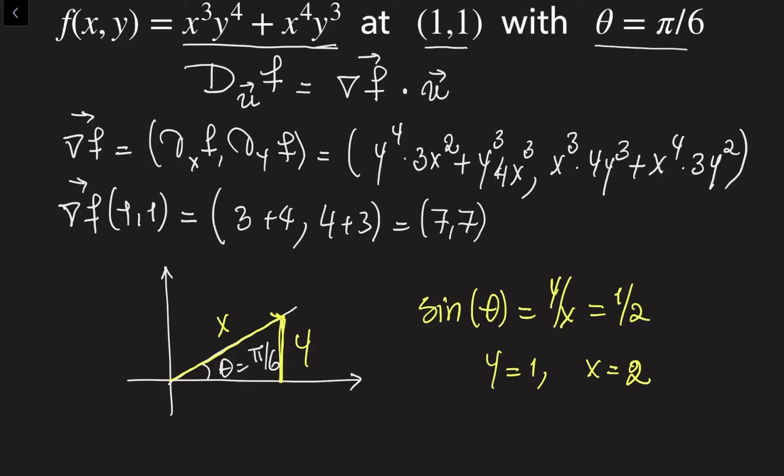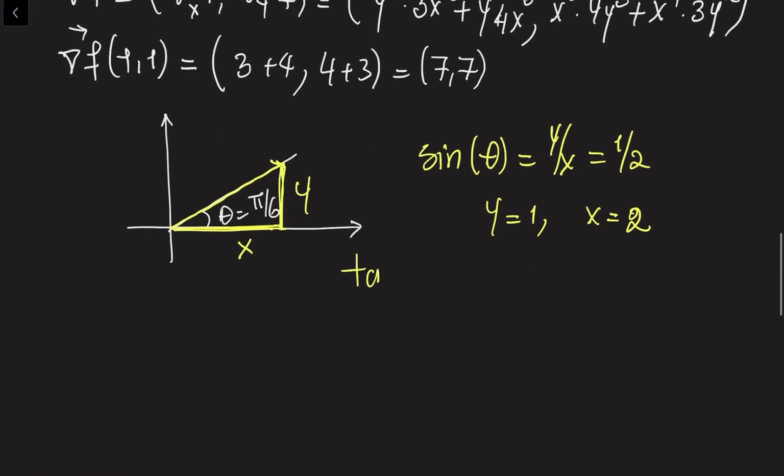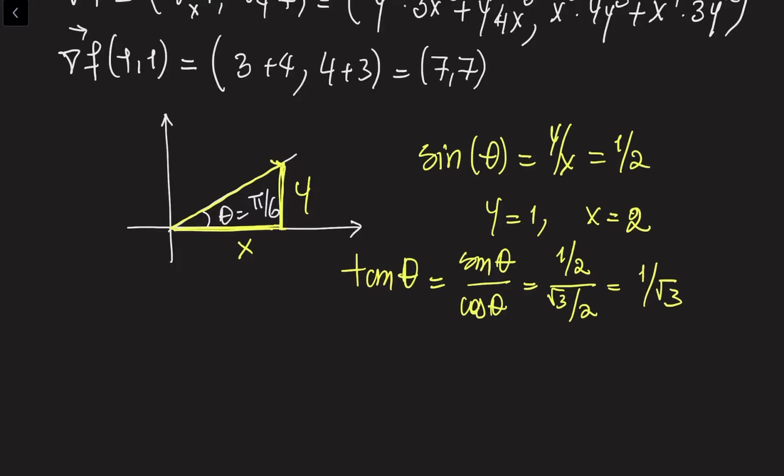So that is why, using this formula, I can find, for example, this part. We can use the tangent, it appears. The tangent of theta is going to be equal to the sine of theta divided by the cosine of theta, which is going to be 1 over 2 divided by the square root of 3 over 2, which is going to be 1 over square root of 3, right?